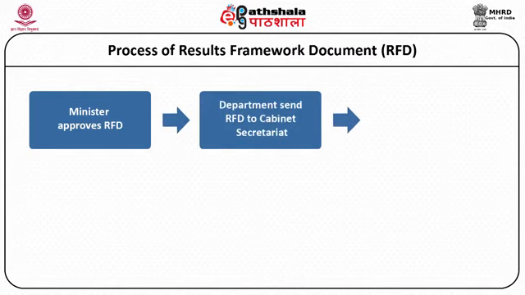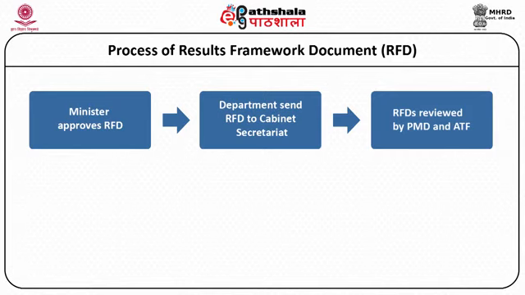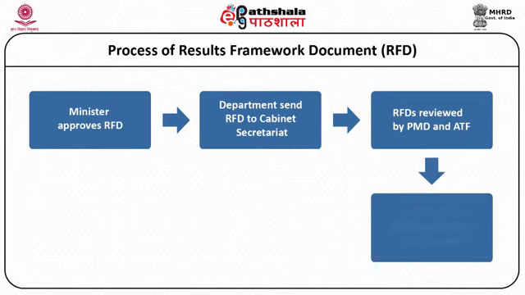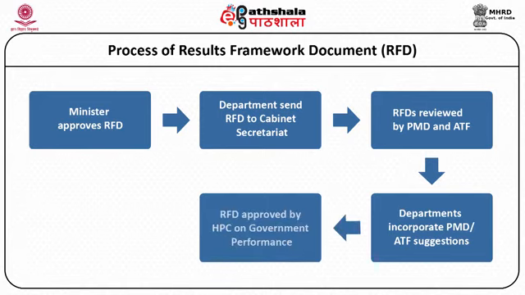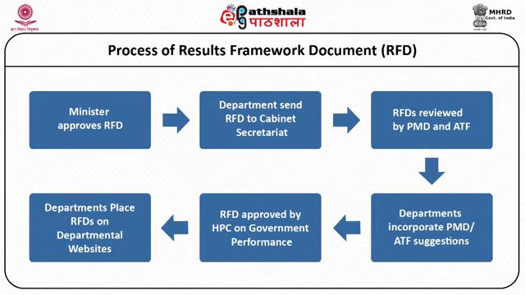Then the departments incorporate any suggestions given by the PMD and the ATF. After that, RFD is approved by HPC on government performance, and finally the departments place the RFD document on their websites for the general public to see what are their objectives and how is their performance.